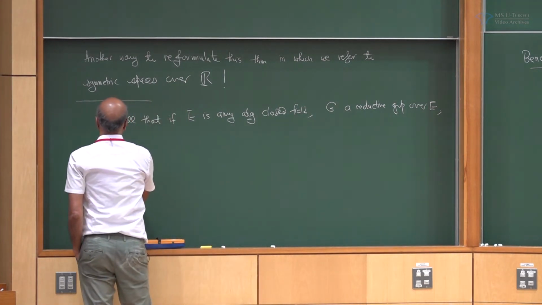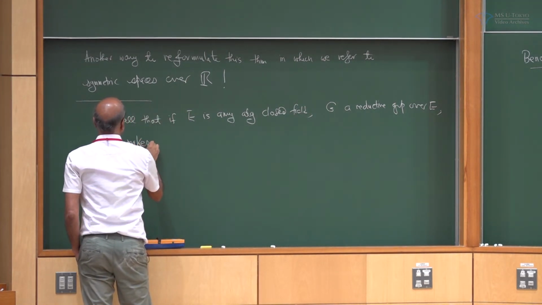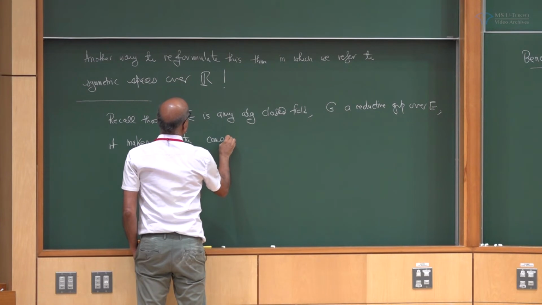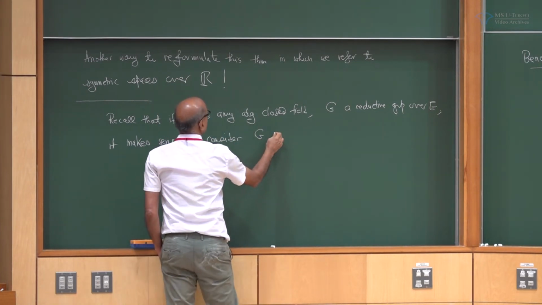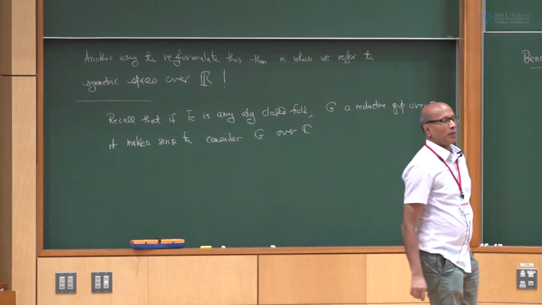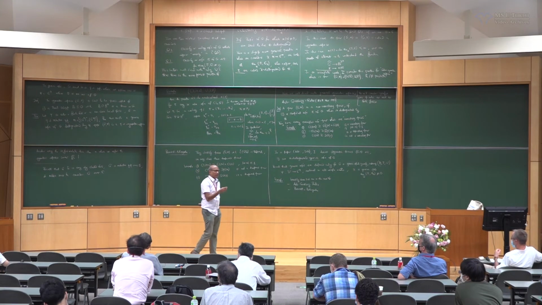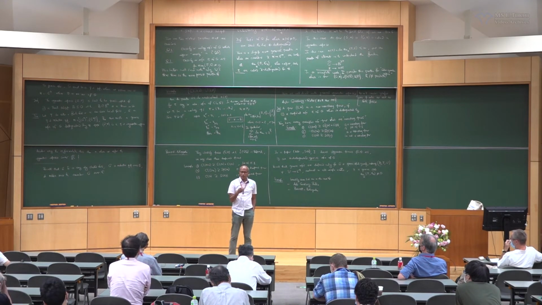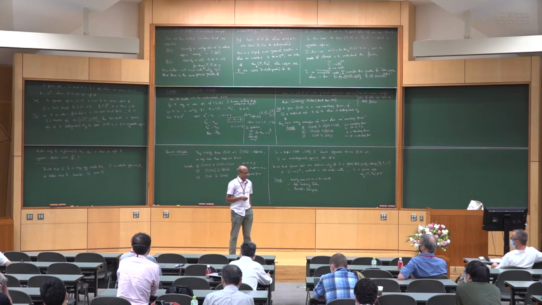Makes sense to consider G over C. Because any reductive group is, for example, GLN or SLN or Sp or SO(p,q), and whether it is defined over the algebraic closure of a finite field or the algebraic closure of a p-adic field or over complex numbers, it's the same root datum which allows one to define a group.